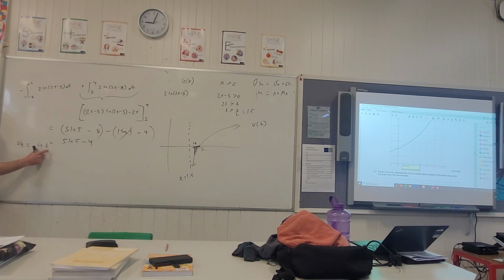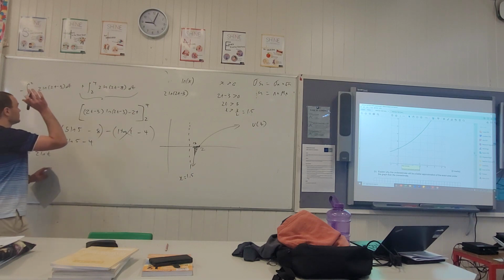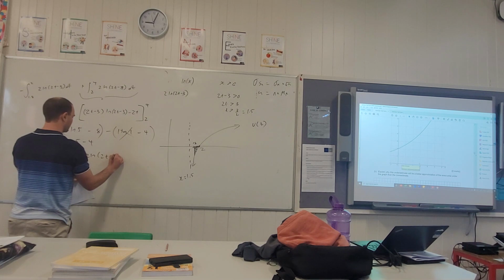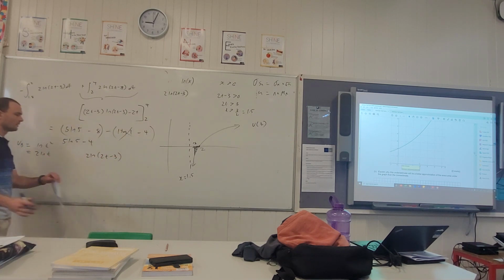So don't fret about this. This is just that 2 that can come right at the front. This is just 2 ln t. And we're saying, how do we get from 2 ln t to 2 ln(2t take 3)? Alright, how do we get from here to here?